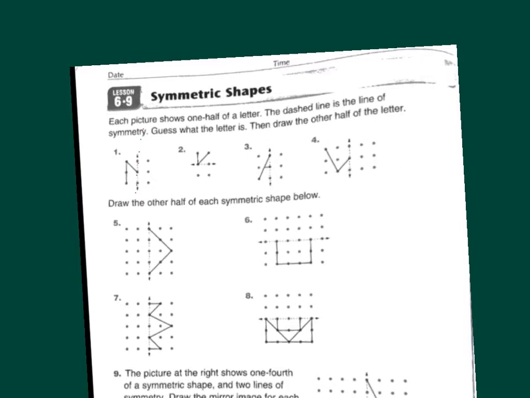These down here are not letters, but they are symmetric shapes. Look at number 8. If the bottom half is like this, and it has all those lines, what do you think the top half would look like? Remember, you're drawing the mirror image. So this exactly flipped to there.